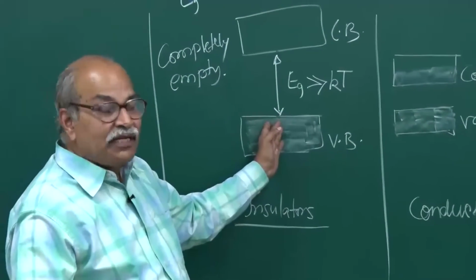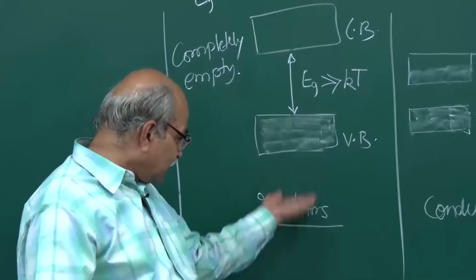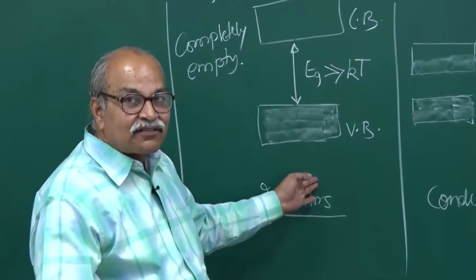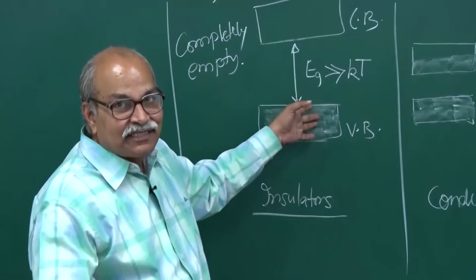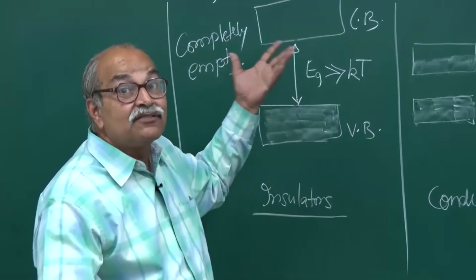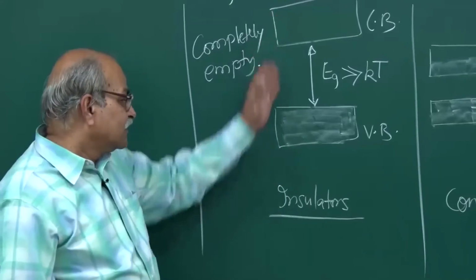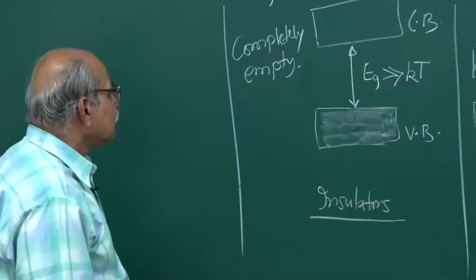These are the only electrons, and other electrons are all in the lower bands. None of these electrons is ready to accept that energy, and therefore this is a good insulator, very good insulator, right? So this is the class where you have insulators.